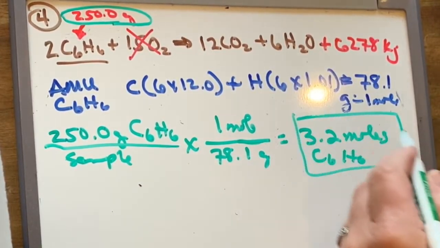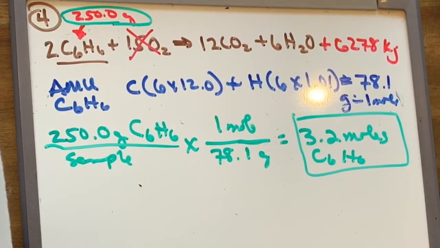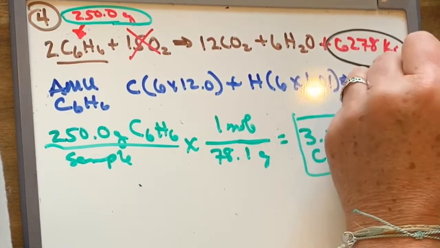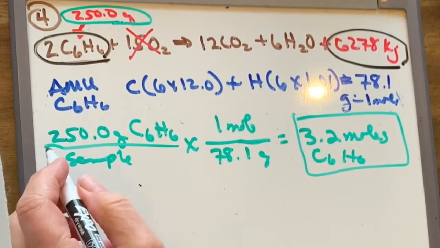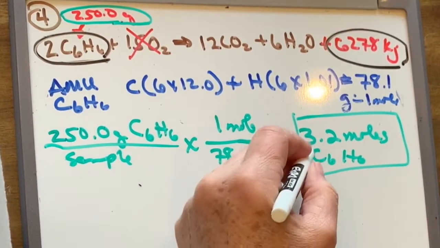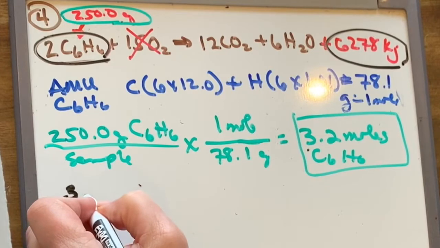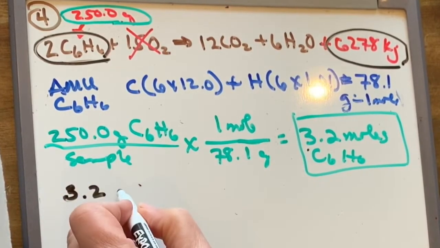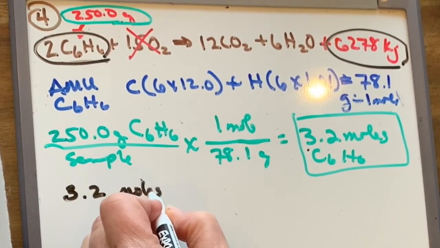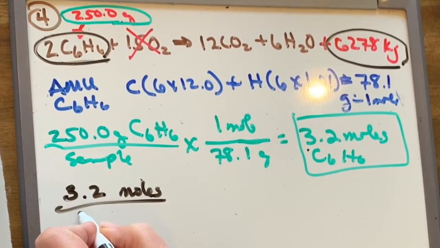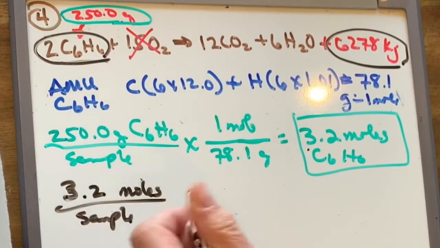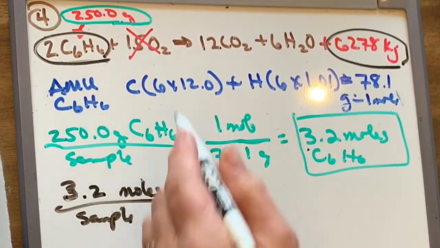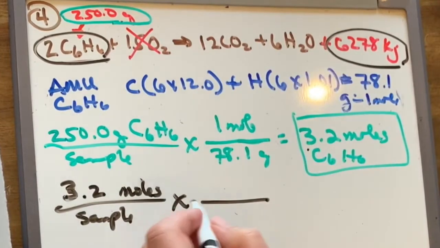All right, so we have that. Now we have to find out how much energy is released, and that's not super hard to find because we'll use this and this to help us. So if we have 3.2 moles, because remember in stoichiometry we have to make everything go to moles before we compare them, that's in our sample. And we're going to compare it to our energy.